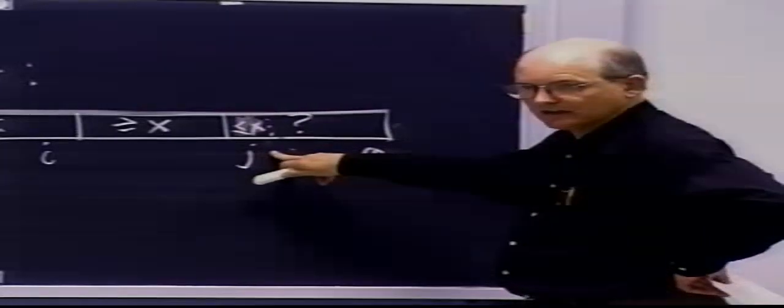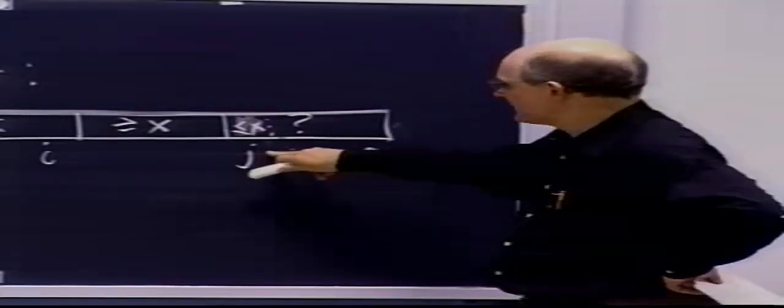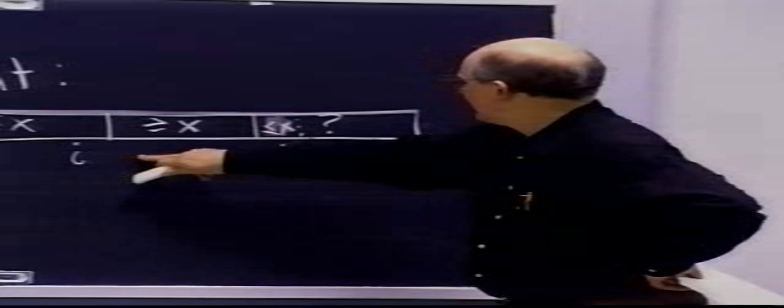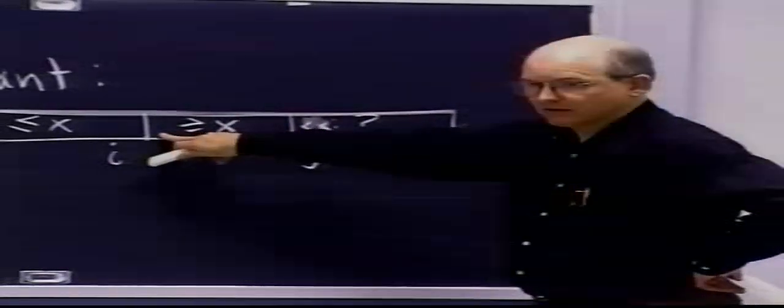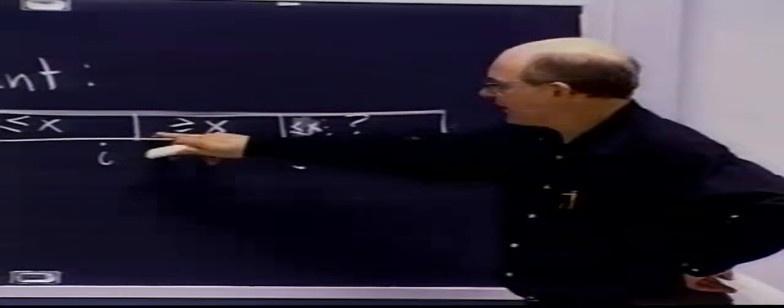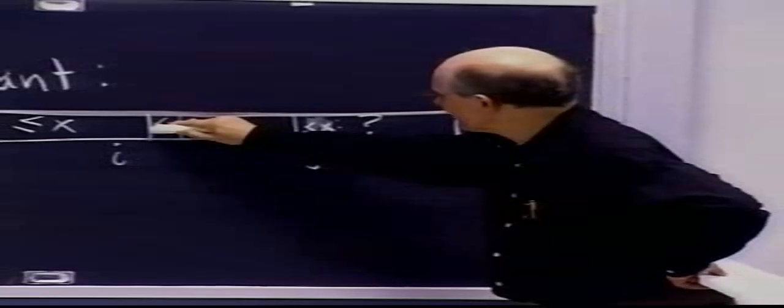Okay? However, if this element here is less than or equal to x, then I've got a problem because my invariant isn't satisfied. The way I fix the invariant is I increase I, and I swap this element with the new value for A of I, thereby making it so this thing is now less than or equal to x, and the value that was here is now greater than or equal to x.